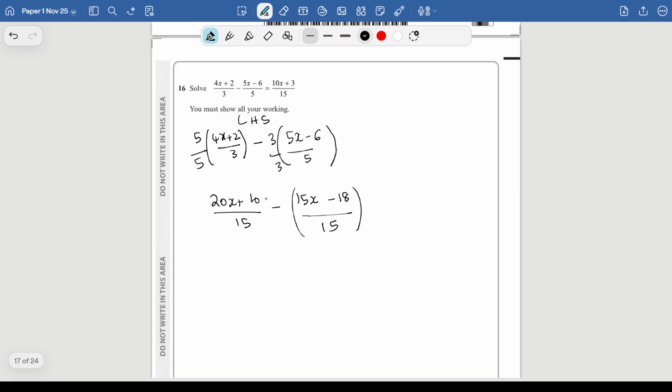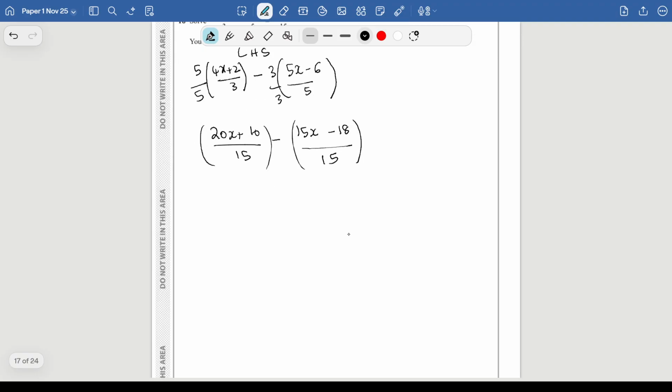To be more clear, now there is a common denominator. I can write it as a common denominator. The numerator is 20x plus 10. Now you need to open up the brackets, so minus 15x and minus will be a plus 18.